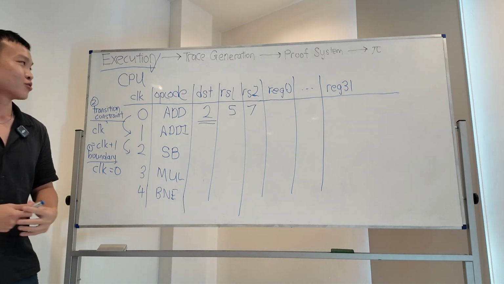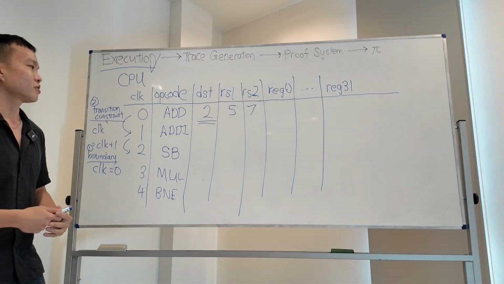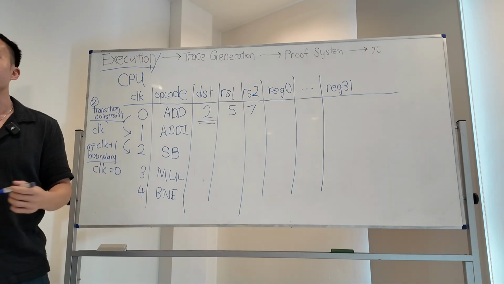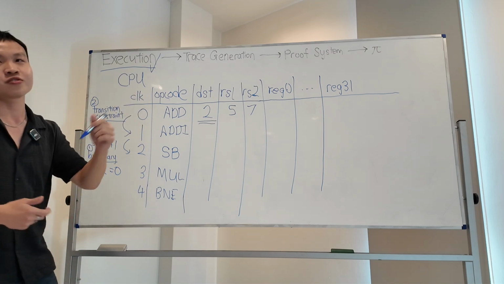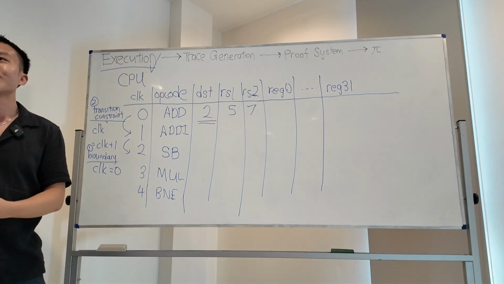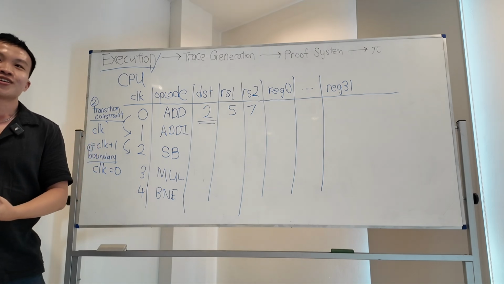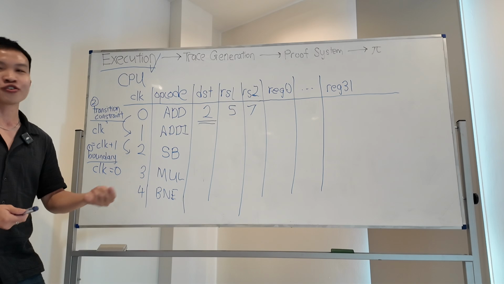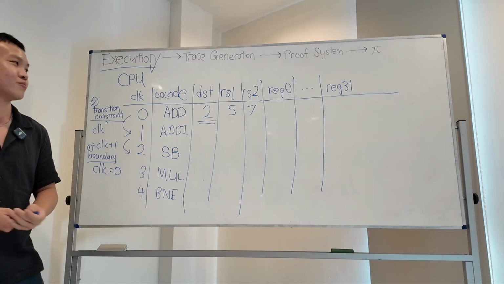For example, if you're using Plonky2, you'd be using the Goldilocks field, which is represented by a 64-bit number. But if you're building a 32-bit VM, then you have to range check within 32 bits.